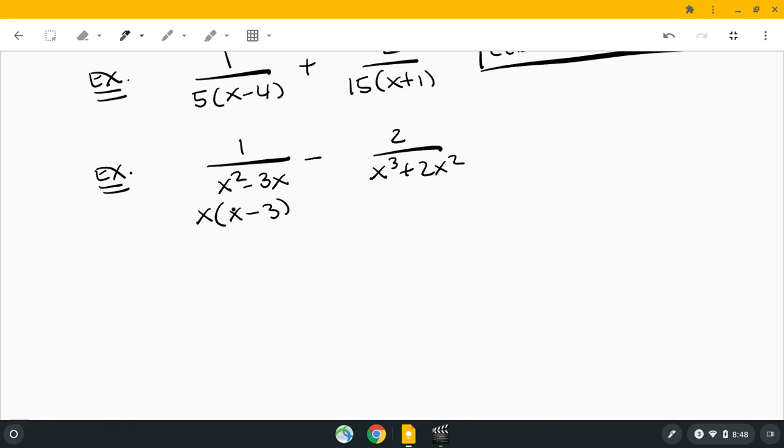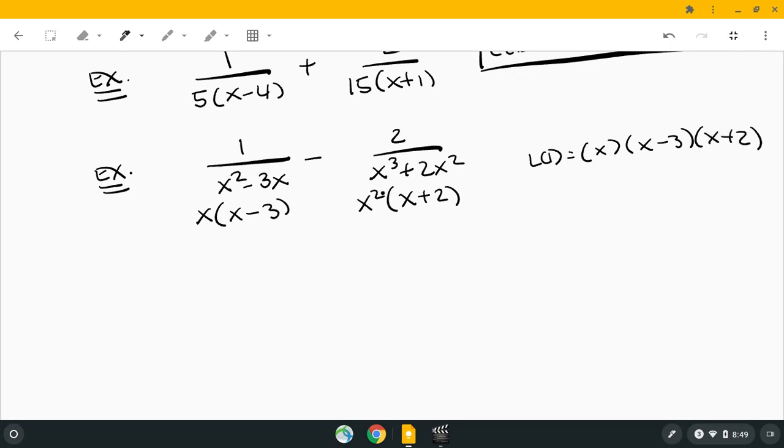Over here, this is also common factoring. They have common factor x squared. So I'll factor out the x squared, and I will be left with x plus 2. All right, so my LCD. I see the family x, the family x minus 3, and the family x plus 2.